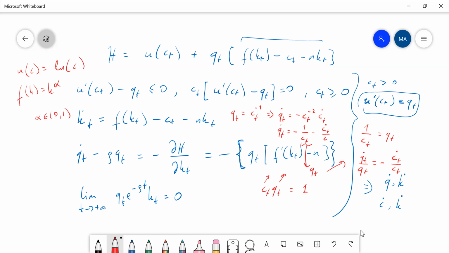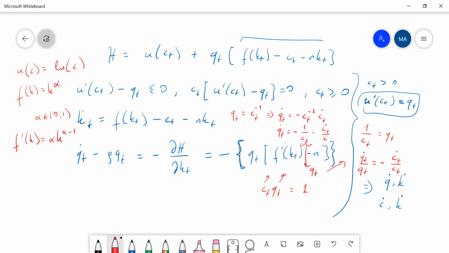So you have this. Then, in the production function, I have F(K) equals K to the alpha. So F prime of K, the marginal productivity of capital, is this. Okay. So then what do I have? Look at this equation. Let me just erase this for a second. So here I have Q dot.